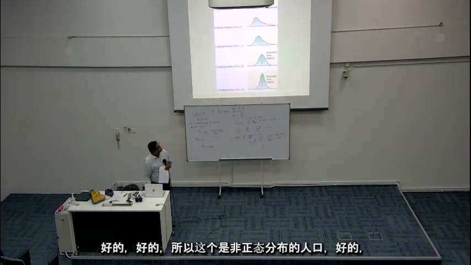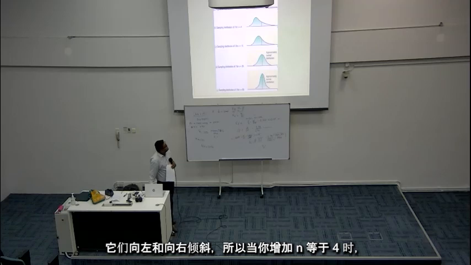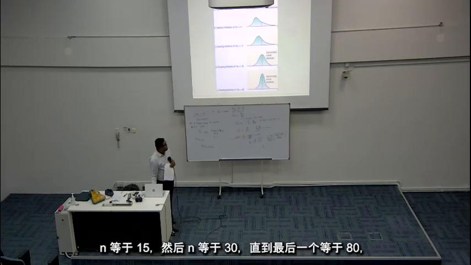All right. So this one is the population that is not normally distributed. They are skewed to the left and also to the right. So when n is equal to 4, then n is equal to 15, and then n is equal to 30, until the last one, n is equal to 80.